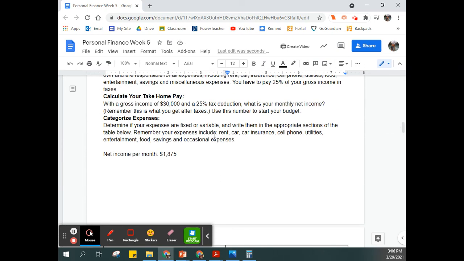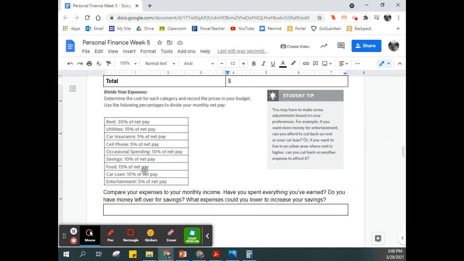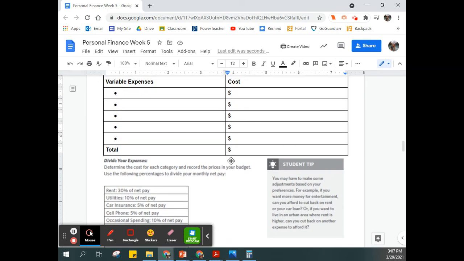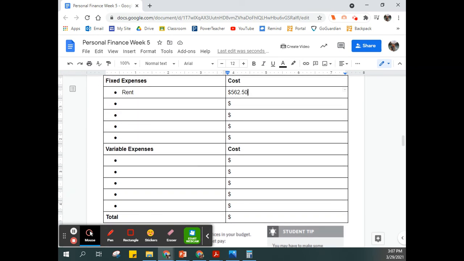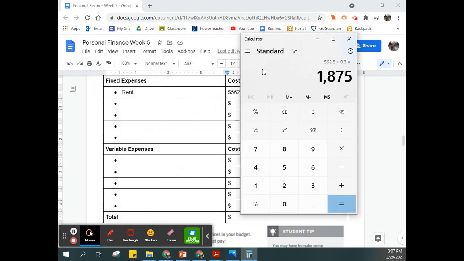What's next? Car. Okay, car payment. Why don't you just use these things in here? Just use this box. So we've got car loan, 10% of net pay. So remember we had 1,875. 10% of that is 187.50, that's pretty simple math.